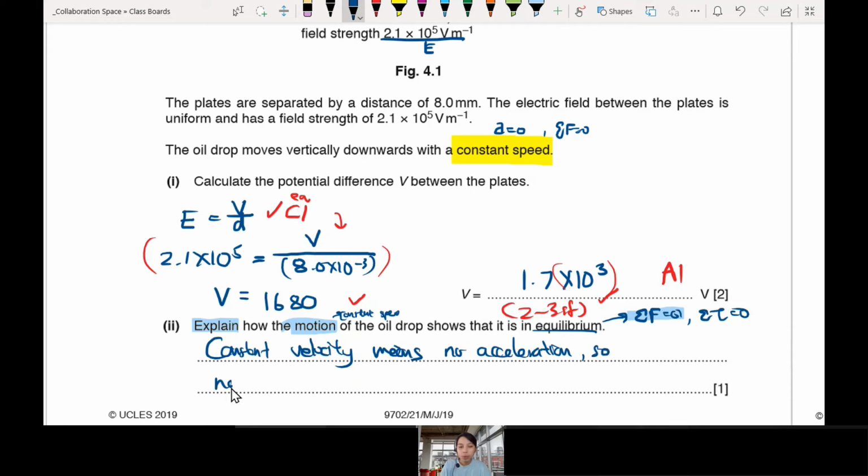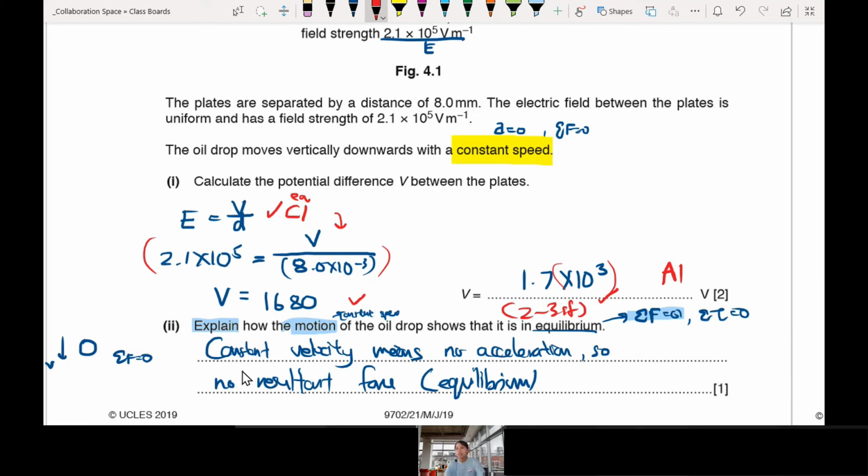No resultant force. And that is the definition of equilibrium. This oil drop, although it is moving, is in equilibrium because it's not moving faster, it's not moving slower.